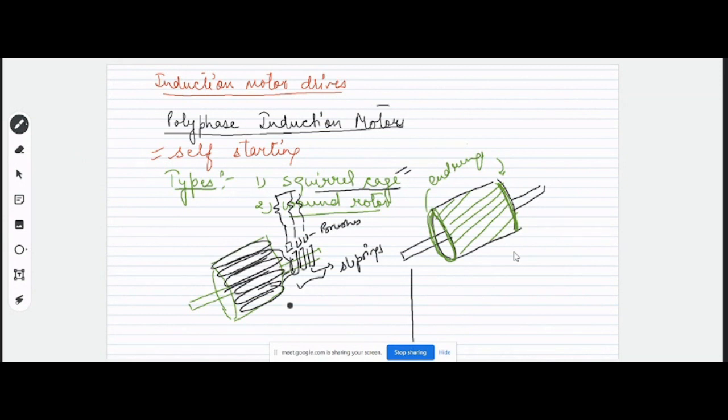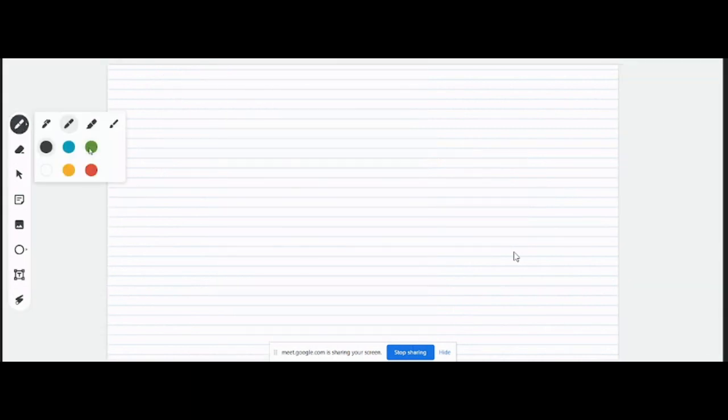They are not using the wound rotor induction motor. Although both motors have self-starting capability, meaning once you plug it into the supply, it will start rotating. I think it's very clear. Is it very clear? Yes, sir.